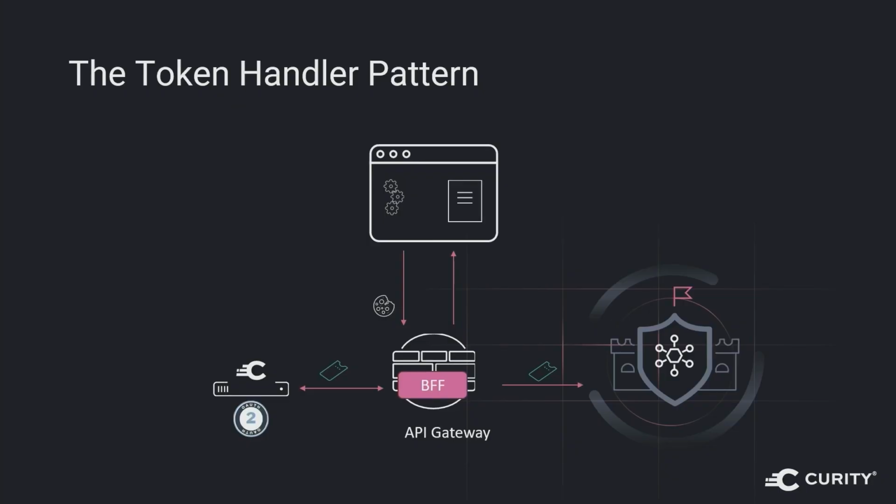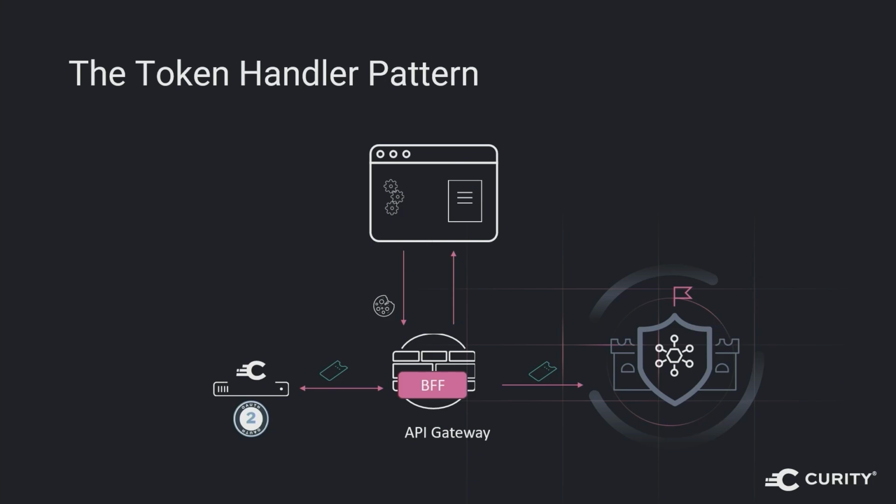The token handler pattern is very interesting because it adds a super small backend, a generic backend, call it a BFF. And the BFF, the backend for frontend, is the same for all single-page applications in the entire world. You can take one and deploy it as many times as you want. So no tight coupling really on code.